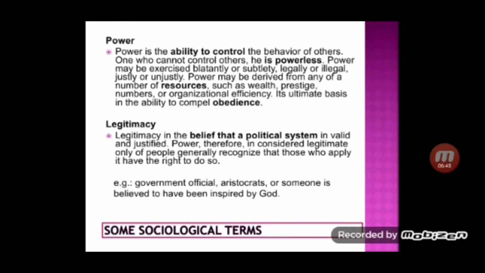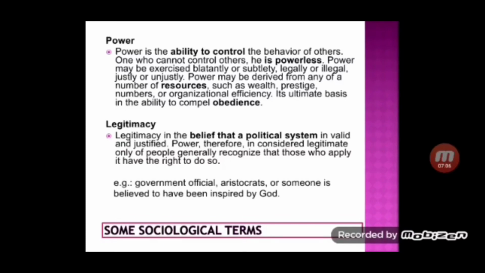Power may be derived from any of a number of resources, such as wealth, prestige, numbers, or organizational efficiency. It is the ultimate basis in the ability to compel obedience.